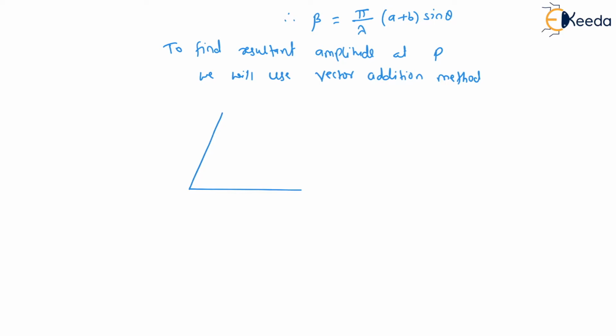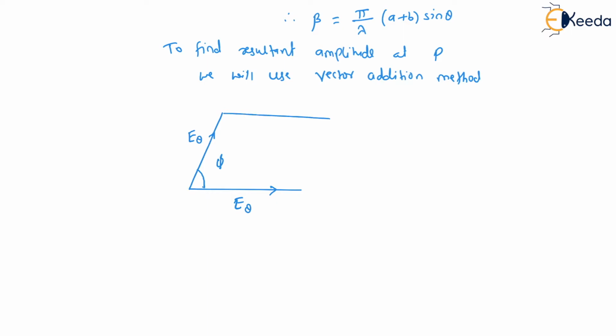So here I have drawn two vectors which represent the amplitudes of those two waves. Let the amplitude be E theta here, and this is also E theta. So these two vectors are equal, but they have a phase difference, or they are inclined to each other at an angle of phi. To find the resultant, we first complete this parallelogram.